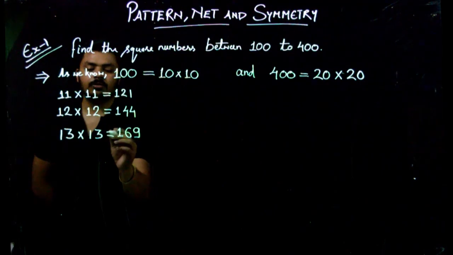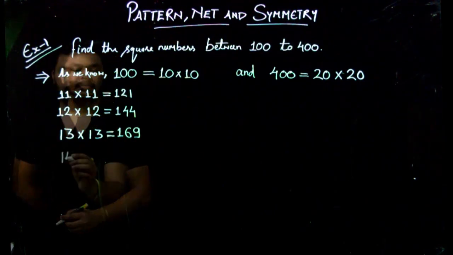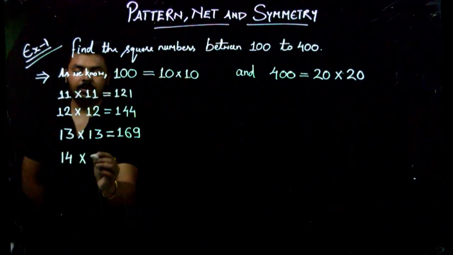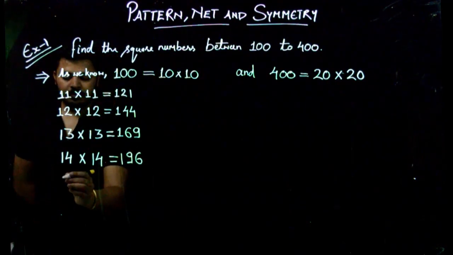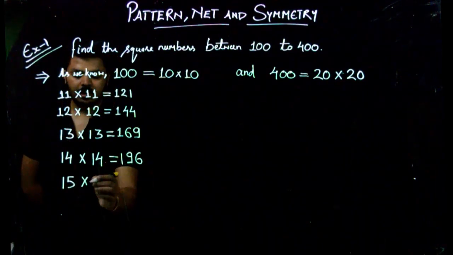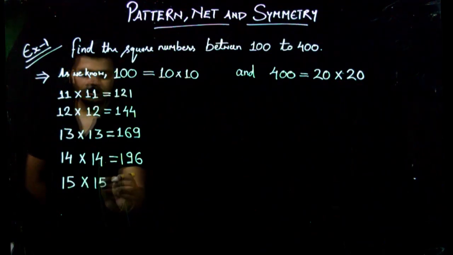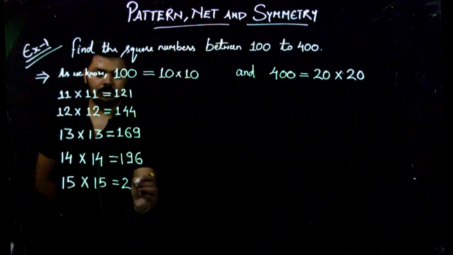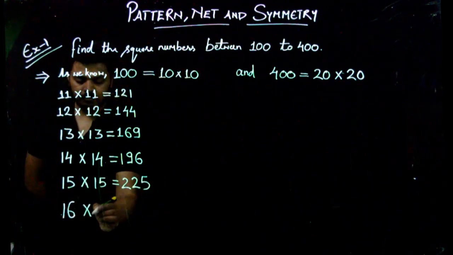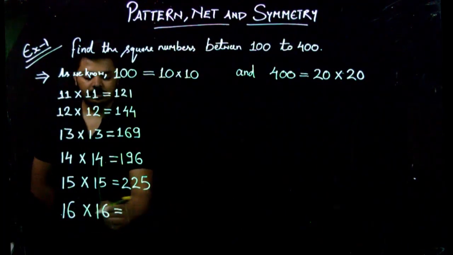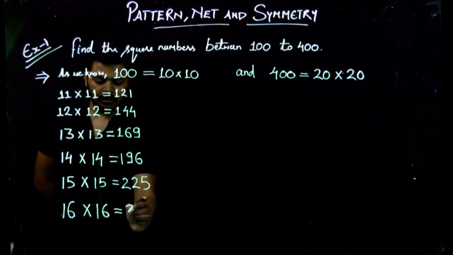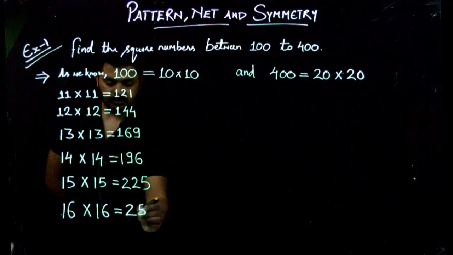So 13 square is 169. 14 multiplied by 14 is equal to, now 15 multiplied by 15 is equal to 225. 16 square is 256.